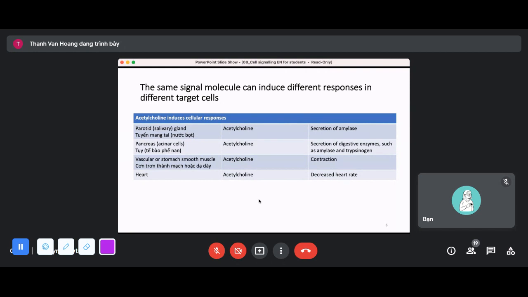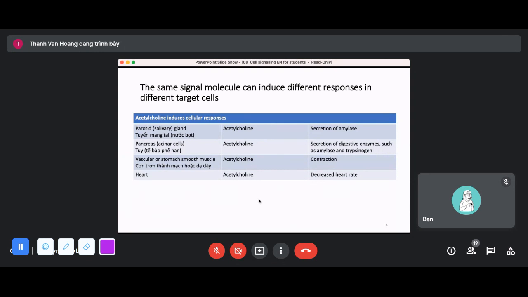In addition to the salivary gland cells, pancreas cells, tuyến tụy nhé, also secrete other digestive enzymes, such as amylase or trypsinogens. And you can see here again clearly that the different organs within our body coordinate with each other to do a function.